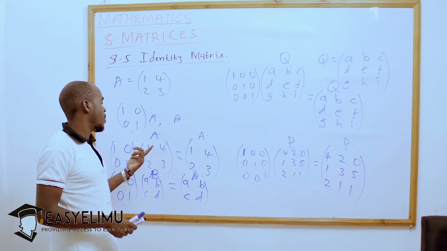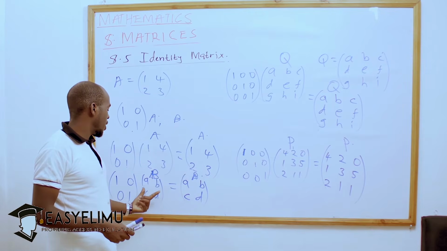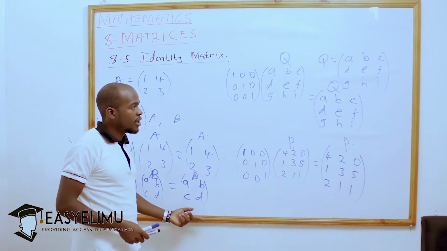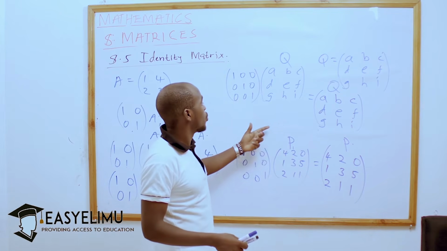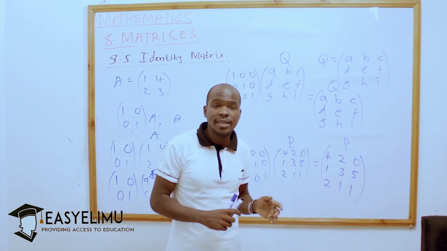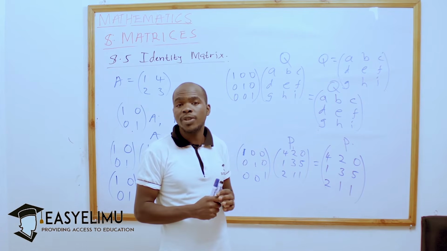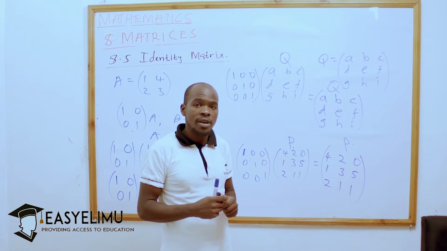We pre-multiply A by it and we still got A. For B, we pre-multiply with it, we still got B. The same applied to P and Q, and we still get the same. We do call such matrices identity matrices.